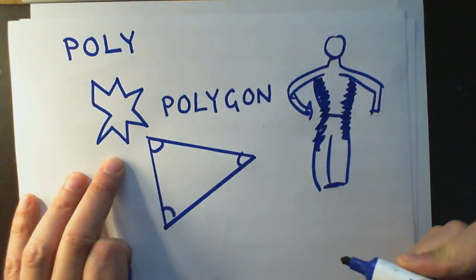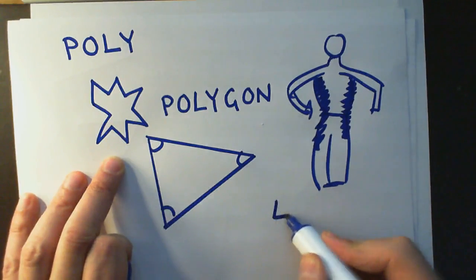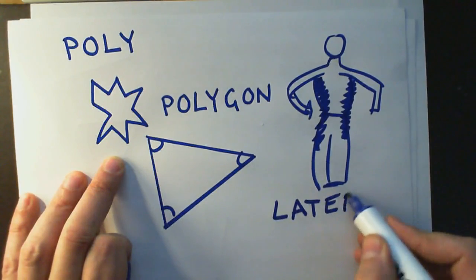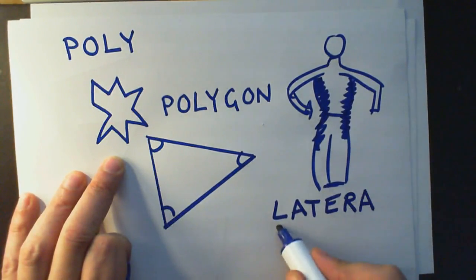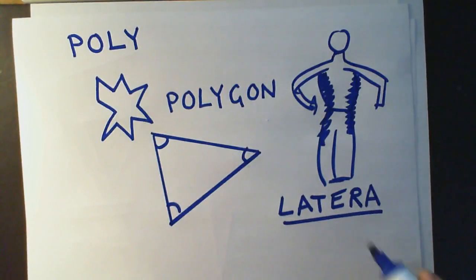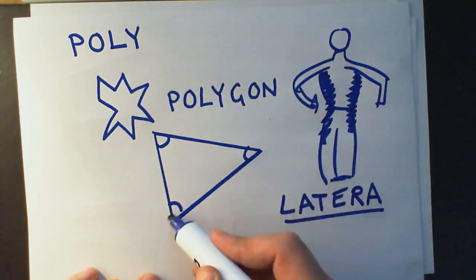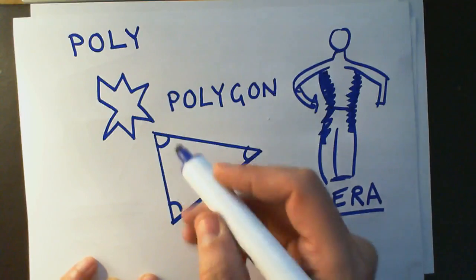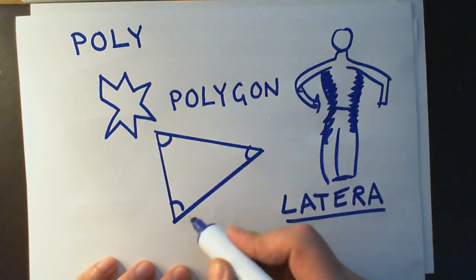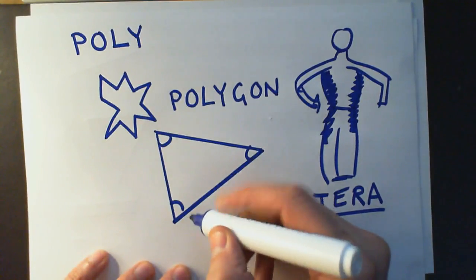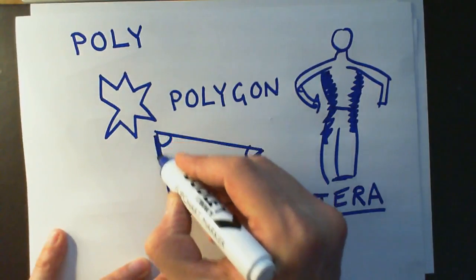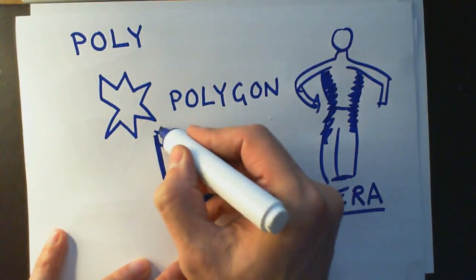Now, the word for side in Latin is latera. And we have to know this because, for example, this here, we've looked at how many gons it's got, but it also has latera, right? So here's one side. Here's the other side. And here's the other side. It has 3 sides.